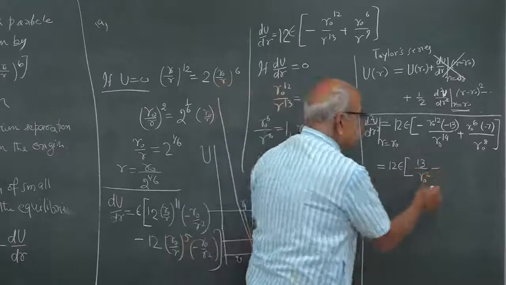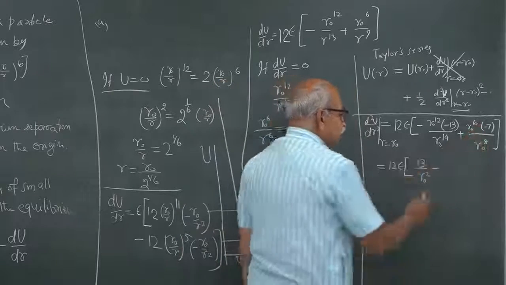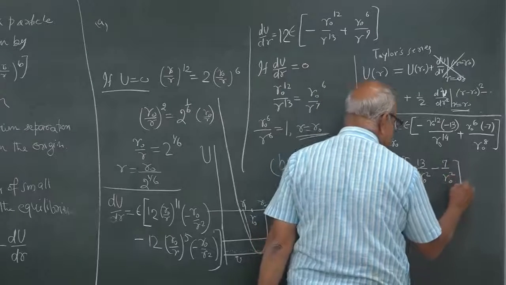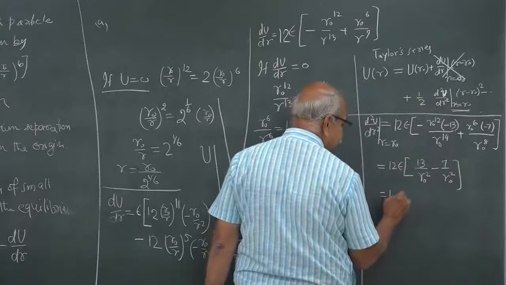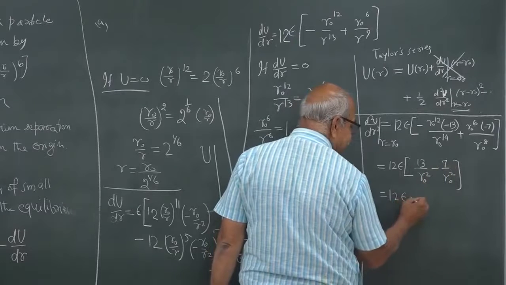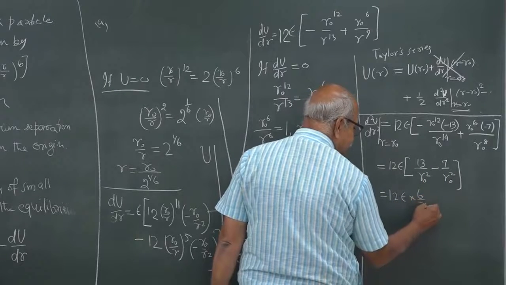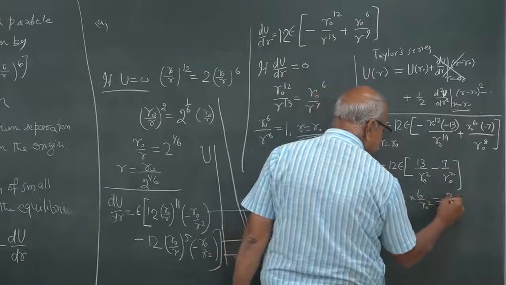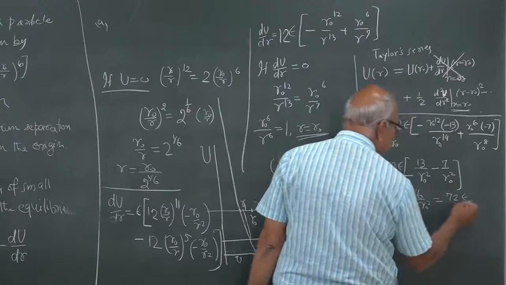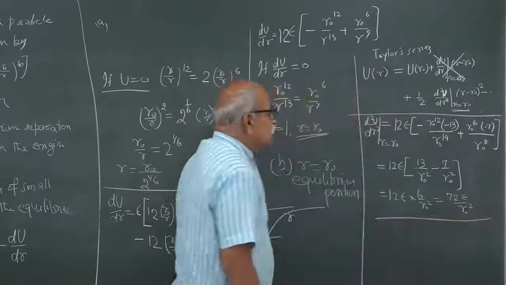The second term is minus here and 7 here and divided by r naught square. So, this is 12 epsilon into 6 divided by r naught square. So, it is 72 epsilon divided by r naught square.